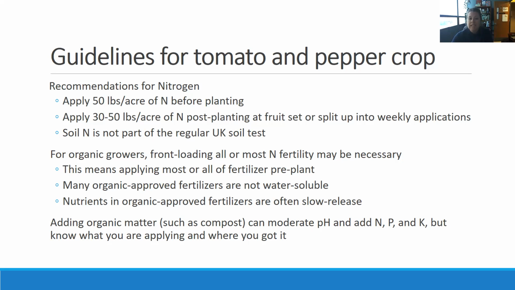This means that you're going to apply most or nearly all of your fertilizer pre-plant. Nutrients in organic approved fertilizers are often slow release, and I'll show you an example of that.